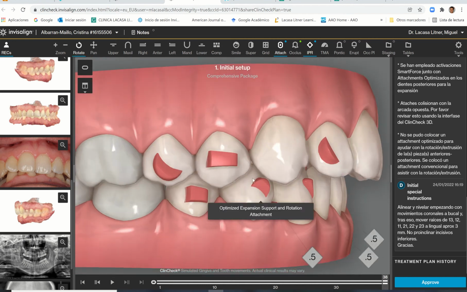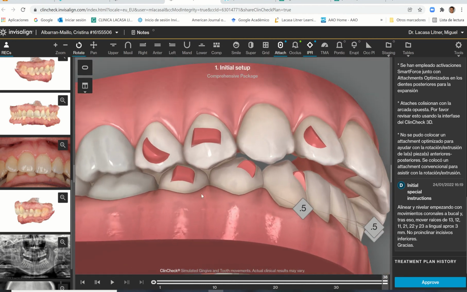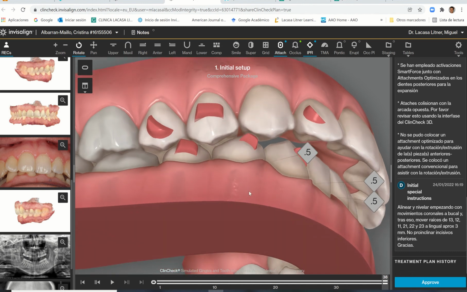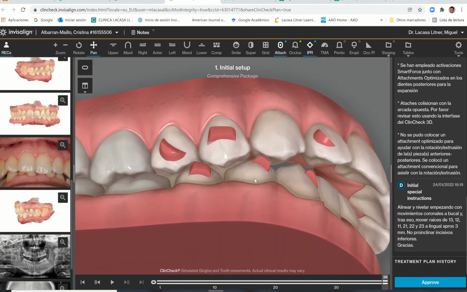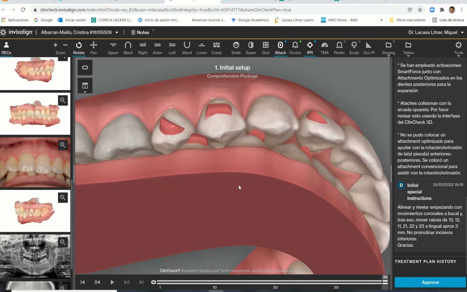Okay, I didn't ask for expansion in premolars, and in fact, in my clinical preferences, it has been clear since 2010, I guess, that I don't like to expand the arches. In those unusual cases where you really can expand, then I would do it by myself, moving tooth by tooth.